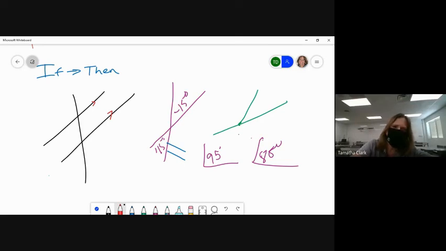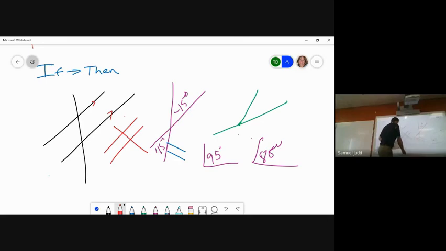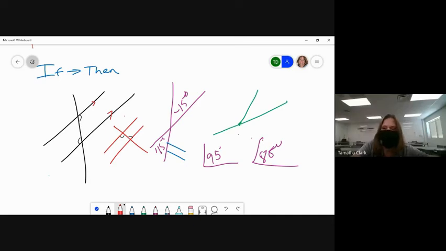I think this is true because no matter what, if I do it, it's still going to be true, right? Yeah, no matter how we draw our transversal, our alternate interior angles are still going to be congruent. This is the alternate interior angles theorem. Oh, okay. That makes sense.